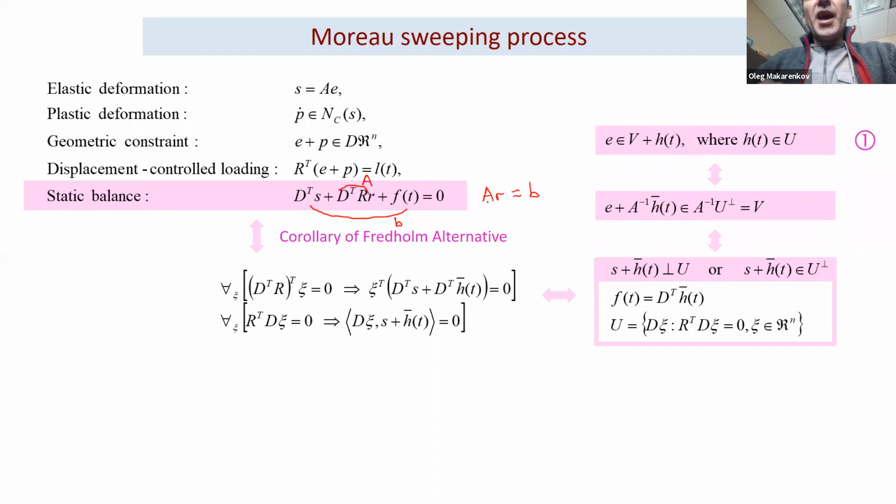This matrix capital A is not a square matrix, and it has some non-degenerate kernel.